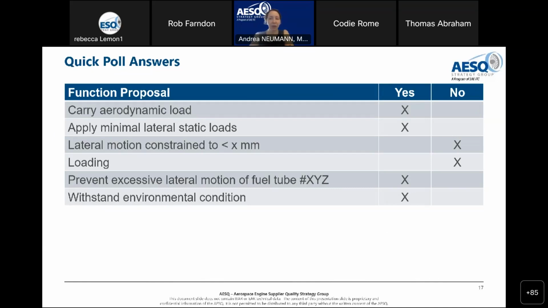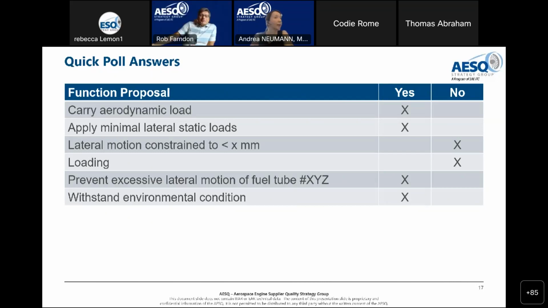The one which many of you named could be, depending on the precise language in your company, the function description. For sure, an item can carry an aerodynamic load, so it could be a function description. And the third one is a requirement and not a function.